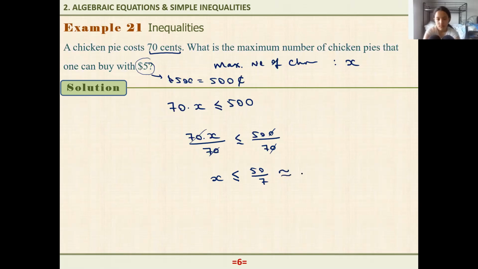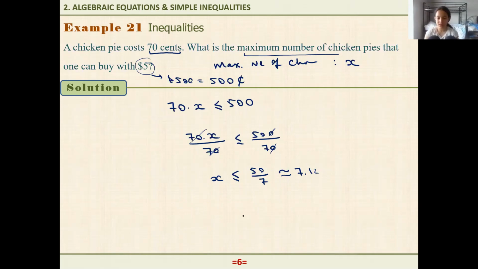This thing is approximately equal to what? 7 point something, if you divide 50 by 7. Now question: what is the maximum number of chicken pies? So possible values of X are 7, 6, 5, anything, right? So what is the biggest whole number that is less than 50 over 7?